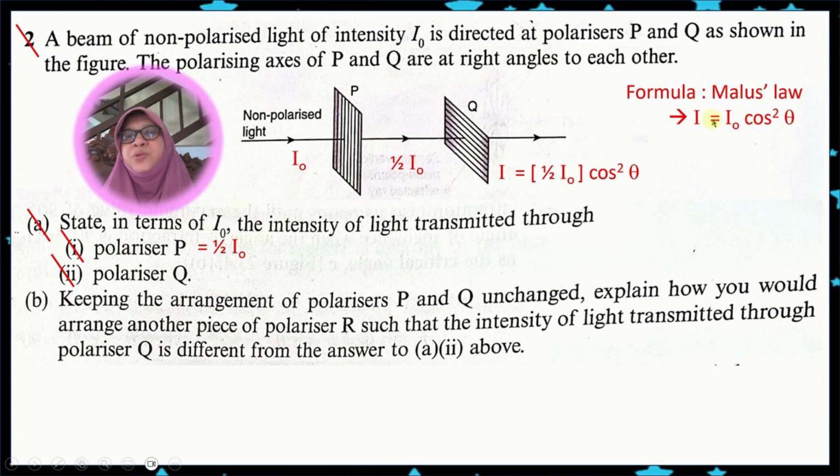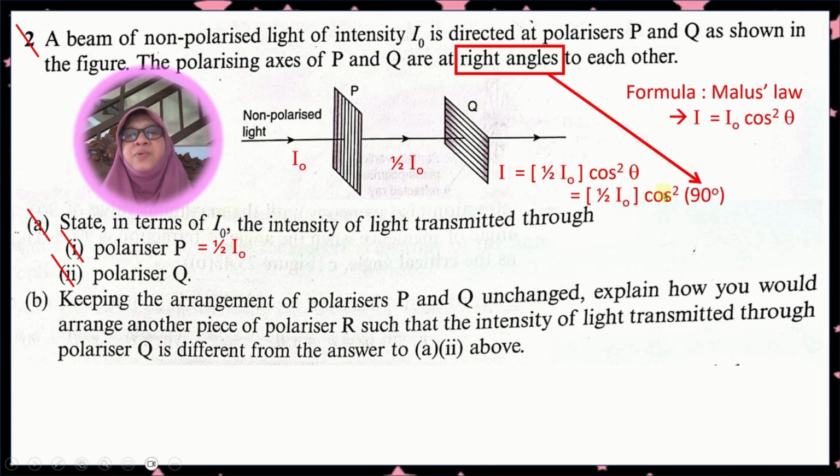We substitute into the I naught here, the intensity of light before passing to Q, which is half I naught. So now we substitute cos 90 degrees. Cos squared 90 degrees equals 0. So that means the intensity of the light after passing through polarizer Q is 0.